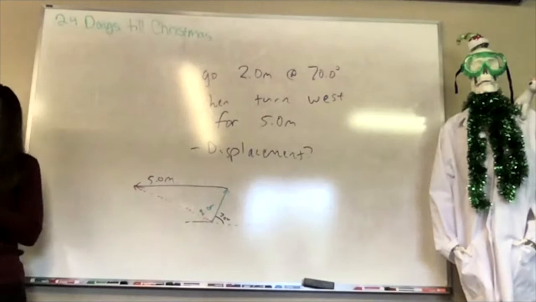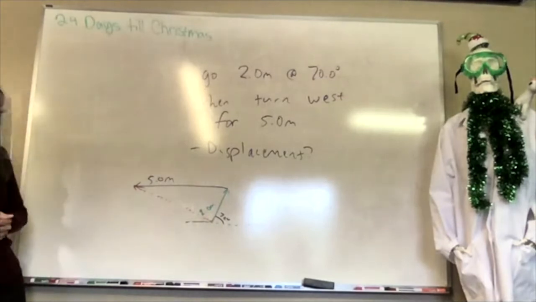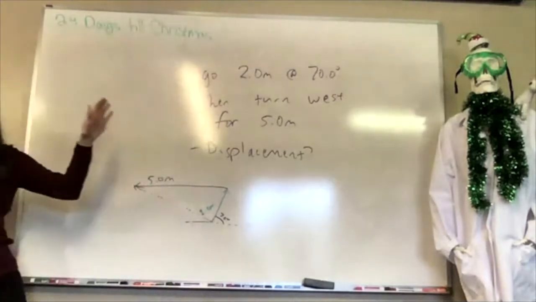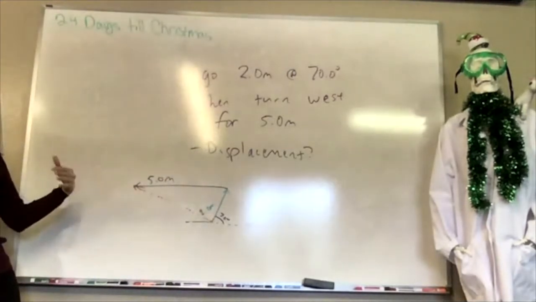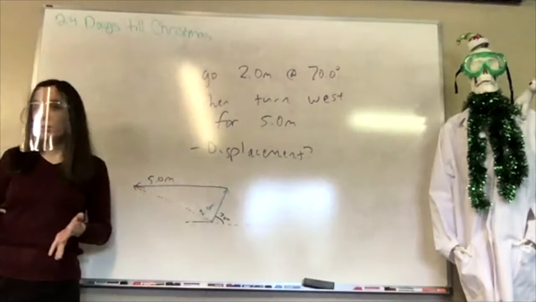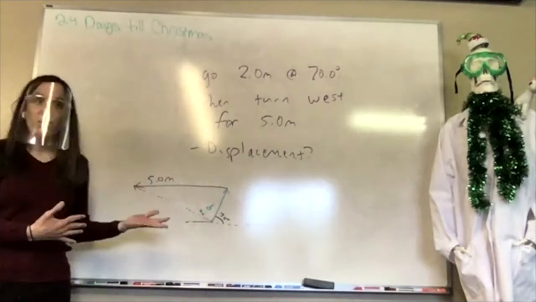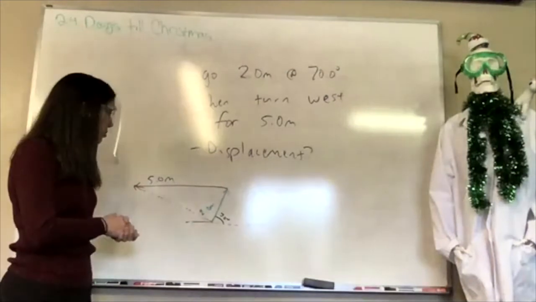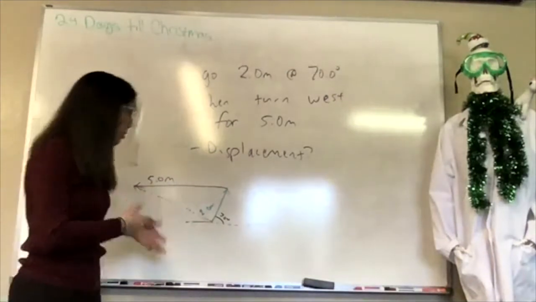So we talked about law of cosines yesterday. But in this situation, when it's this kind of problem, it's better to do a different method. Many times you can use law of cosines, but sometimes you can't, or it's not as easy.